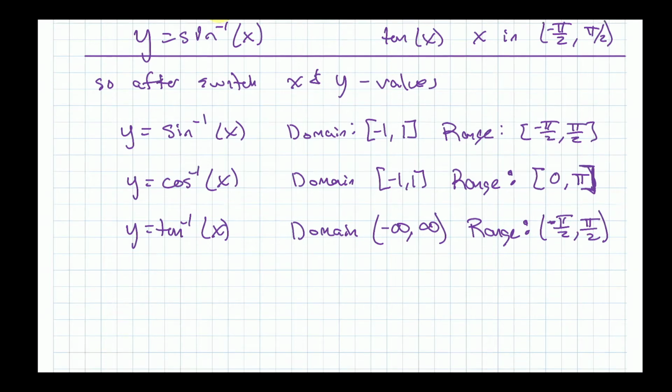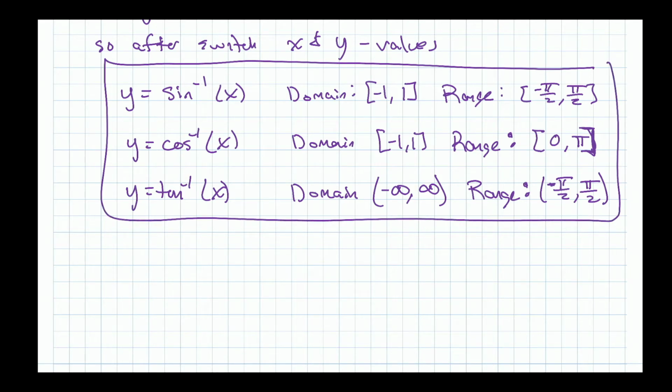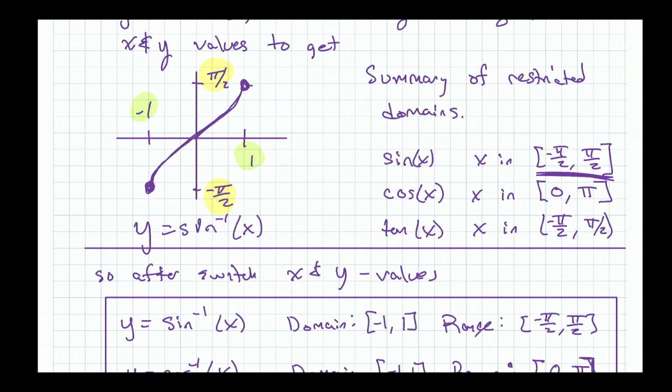All right, so that's just a little summary of domain and range, which you will not have to write down on the homework or anything, but that's a summary. Now the graphs of them, we already graphed sine inverse, right? So sine inverse is right here. I should do a better job.